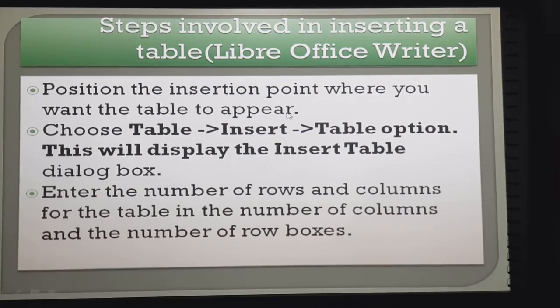First of all, locate that particular point. You need to anchor that particular location where your table should appear, and then from the layout we need to go to the table tab and choose insert and select table options. This will display the insert table dialog box. So let me show you the steps side by side as well.